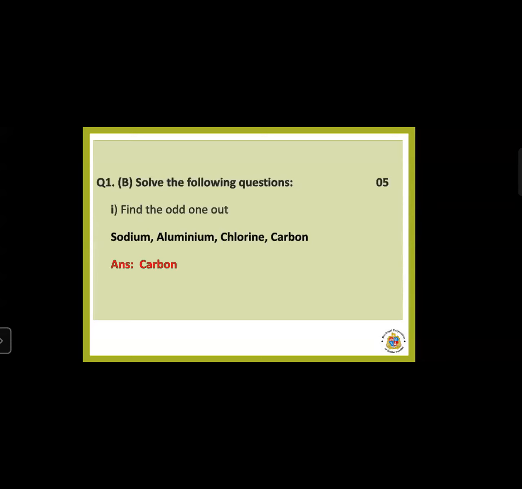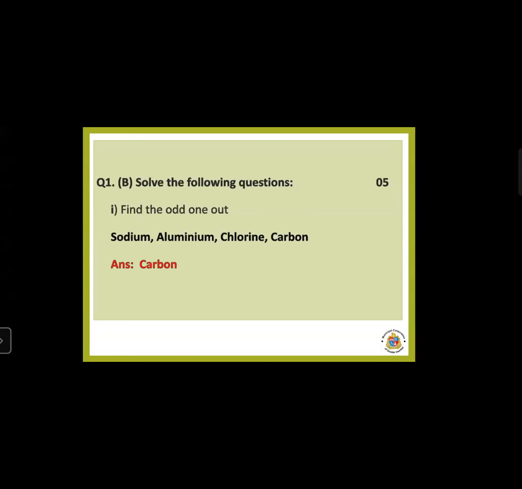Sodium has atomic number 11, so the electronic configuration is 2, 8, 1, right? So all these are in the third period, that is sodium, aluminum and chlorine. But carbon, atomic number 6, has electronic configuration 2, 4.